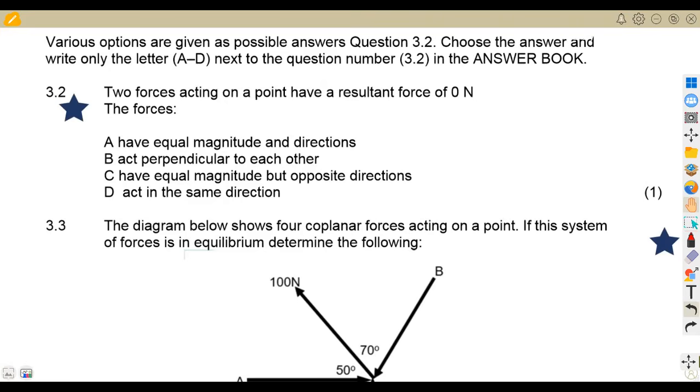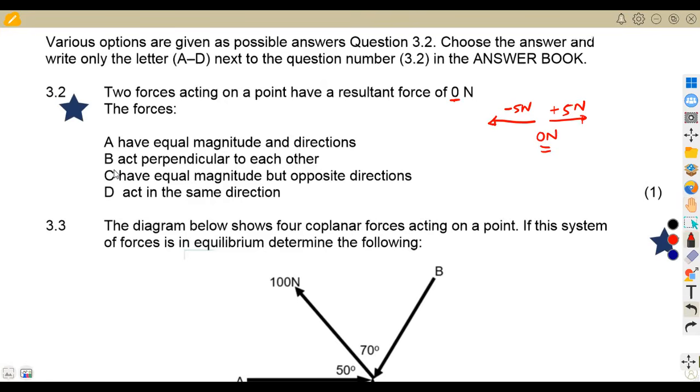Okay, so for us to have 0 Newton, guys, it's on a condition that we have got a force acting maybe to the left, that would be -5 Newton, and to the right also +5 Newton. So if you combine these two, the one going to the positive and the one going to the negative, you're going to obtain a resultant of 0 Newton.